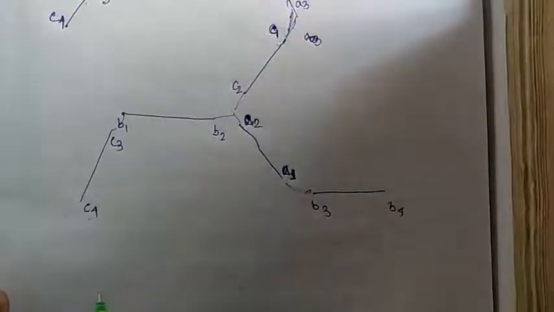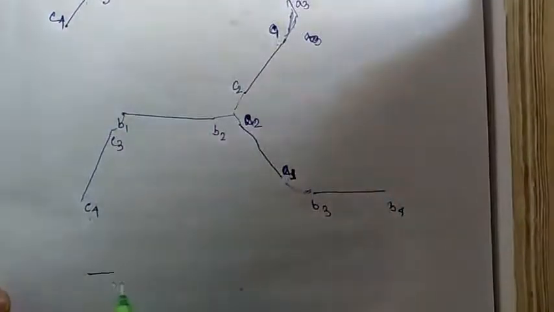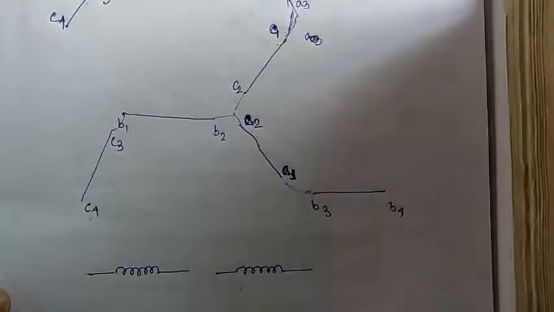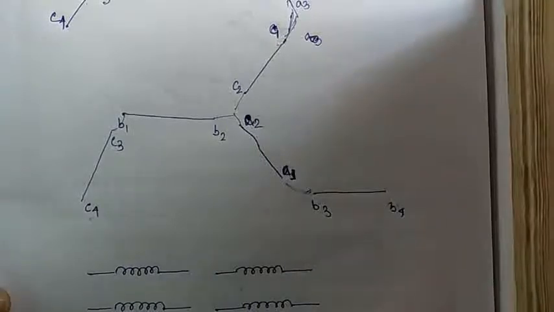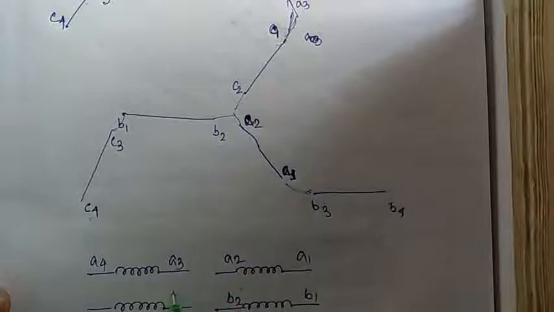Now connecting it as per your figure number 2, first you take 3 into 2, that is 6 windings, named as A1, A2, A3, A4, B1, B2, B3, B4, C1, C2, C3, C4.